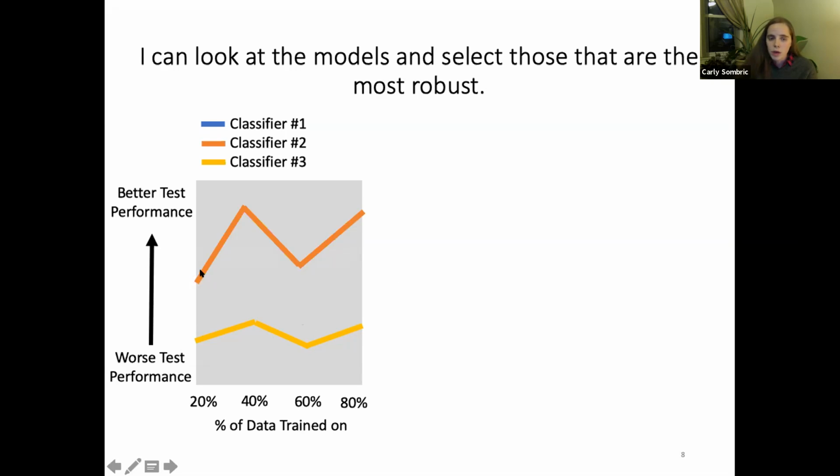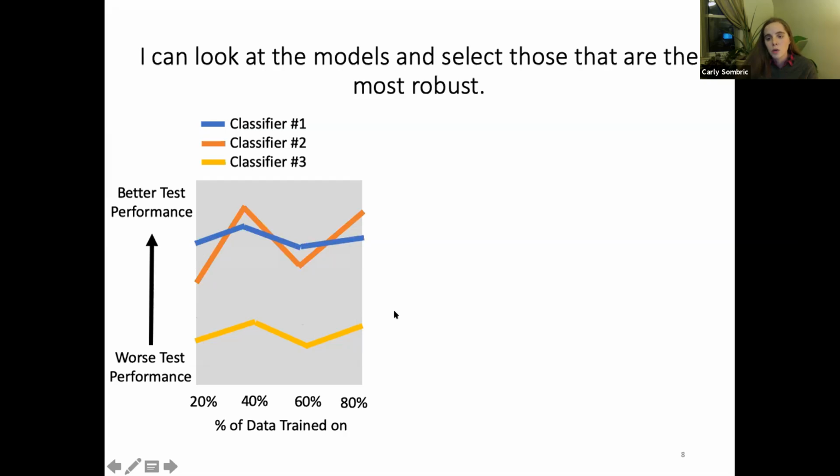Looking at the orange model, we can see the average performance is better, but it's very variable across different sets of the data. So we want something that would have more stable performance. So actually I'm looking to identify models that have stable performance across different subsets of the data, and the average is high.